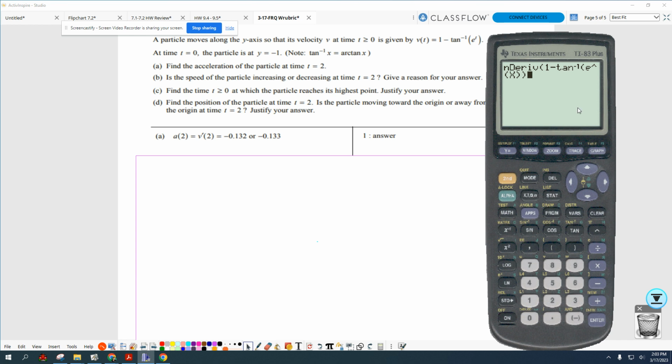Make sure it's tan inverse, not tangent to the -1, I don't want the reciprocal, and it's of e to the x. Then, comma, with respect to x, evaluated at 2.